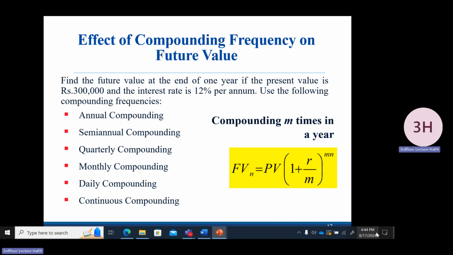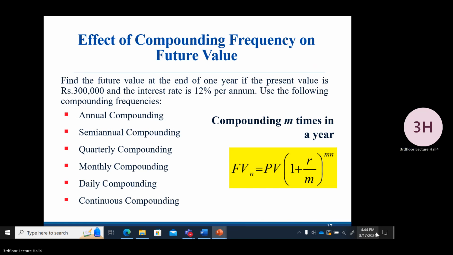What is m? m is the compounding frequency per year. Remember, m is the compounding frequency per year.